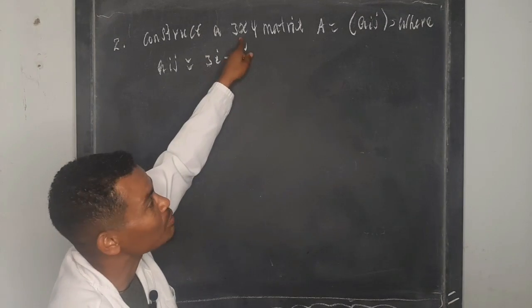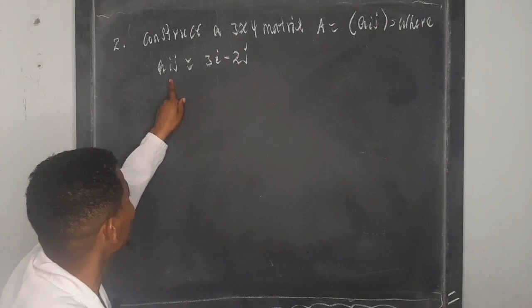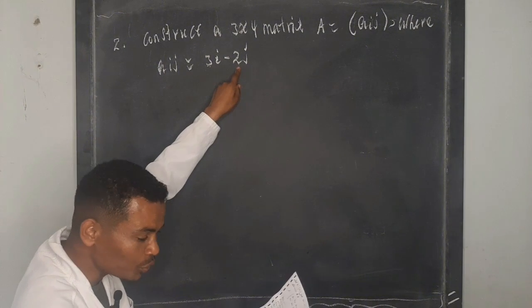The size of the matrix is 3 by 4 and each entry is defined by this one: aij is equal to 3i minus 2j.